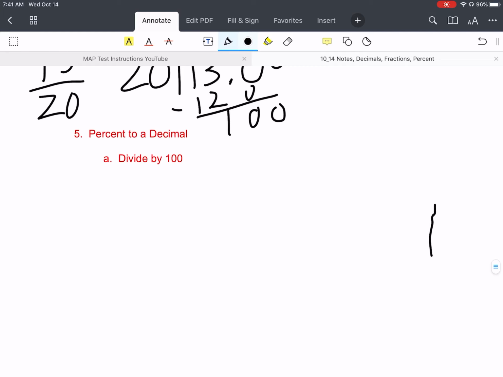Okay, taking a percentage and converting it to a decimal, we're going to do the opposite of a decimal to percent, and we're going to divide by 100. So if I have 73%, I'm going to divide by 100.